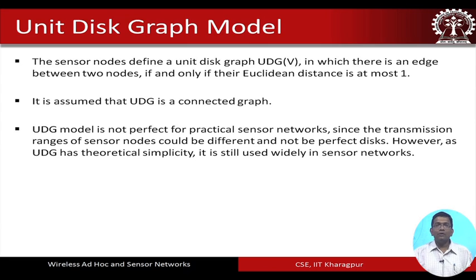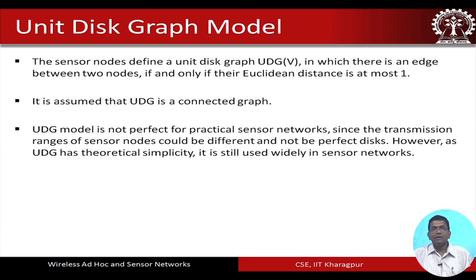We will look at different routing protocols that have been proposed for sensor networks, but one thing I would like to inform you is that, particularly in the case of routing, and it is also applicable for other protocols proposed for sensor networks, it is generally assumed theoretically that the unit disk graph model is followed by these networks.